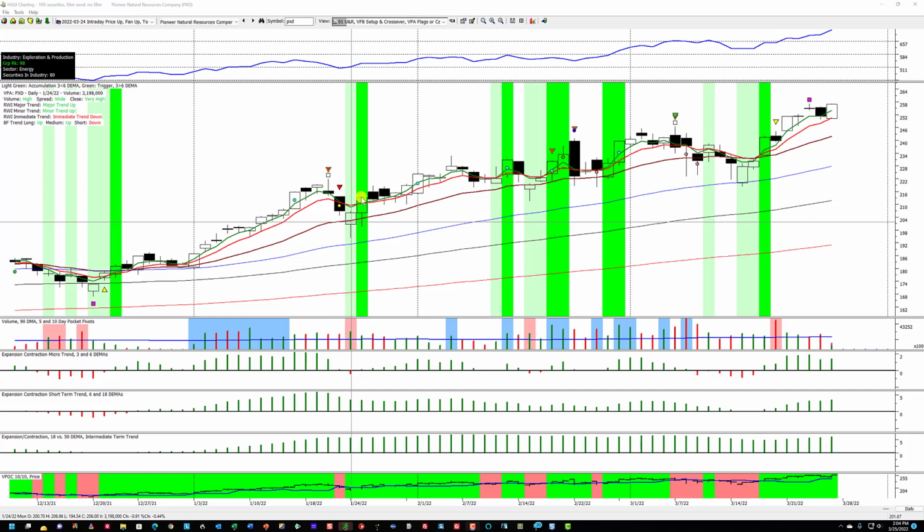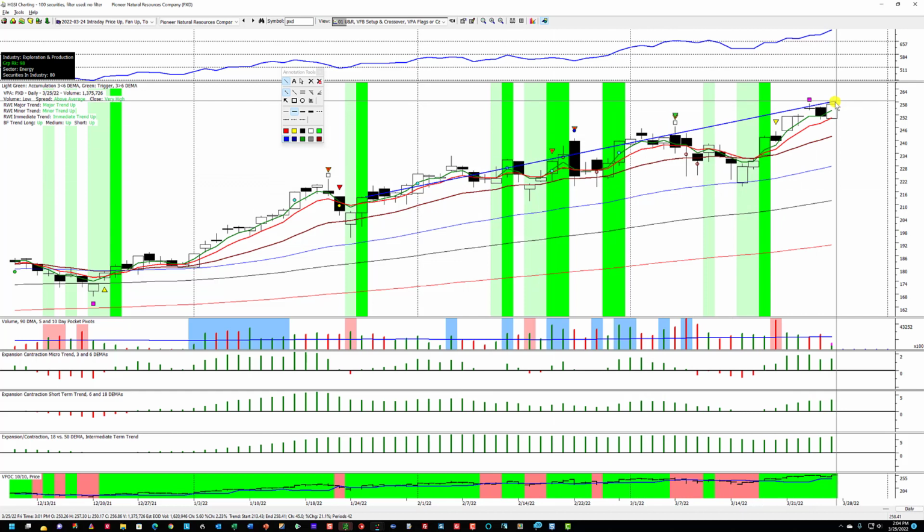I'm going to do an alternate A to bring this up, and I'm going to draw a line from the crossover day to where we currently are, and let's see what this has done. Over 42 days, it's up 20.3%. Well, that's not a bad return for a couple of months, is it?